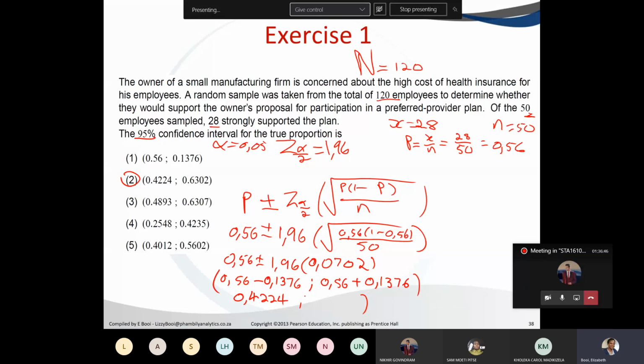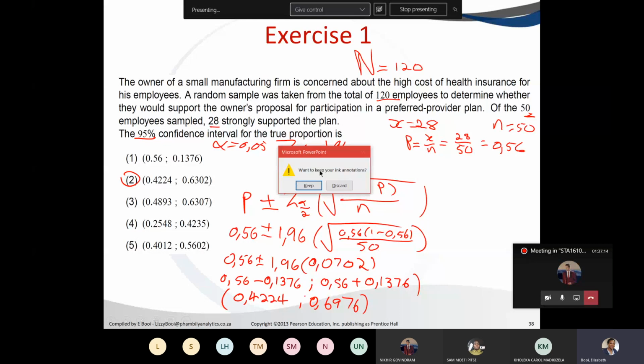What am I doing wrong? 0.56 plus 0.1376 is 0.6976. I get the same answer. Yes, not me, it's them. Let's blame it on them.